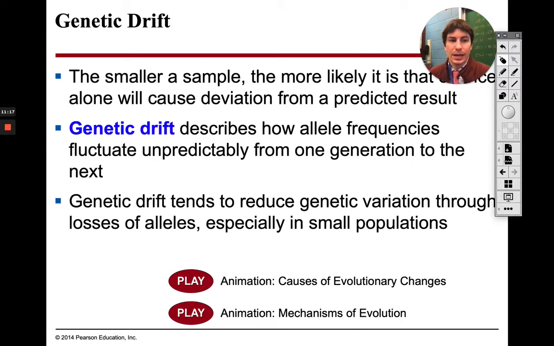All right. This is an example of genetic drift. So we can have some type of occurrence that happens, and it completely changes the population. All right. So DDT came about, and it killed a lot of the mosquitoes.